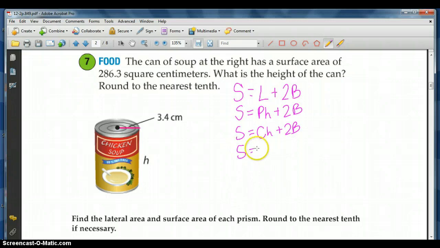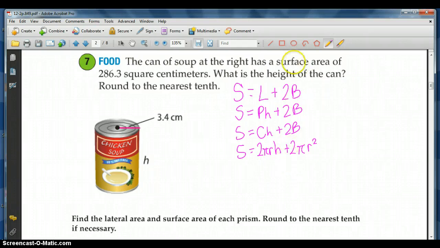The circumference of a circle is 2 pi r, so we have 2 pi r times h plus the area of a circle, which is pi r squared. So here is our formula for surface area of a cylinder.